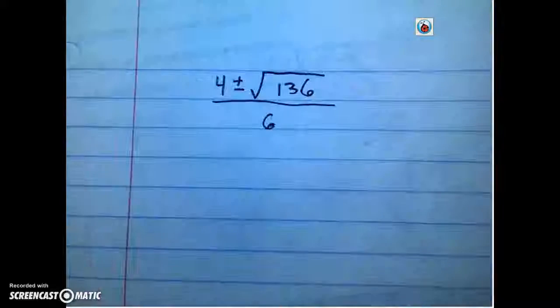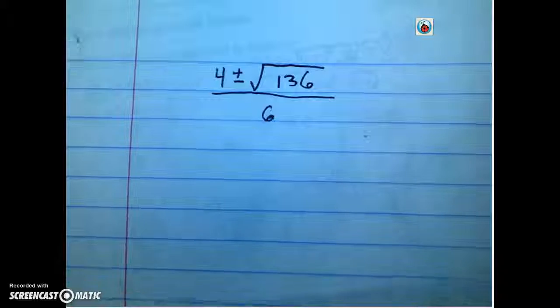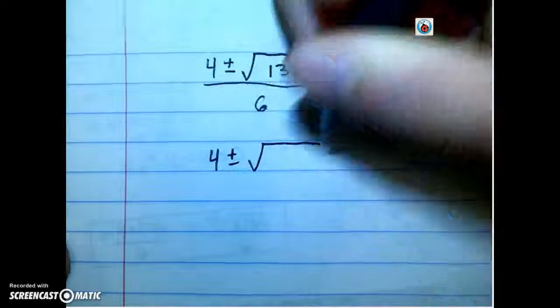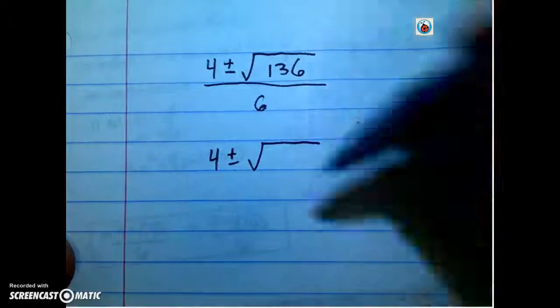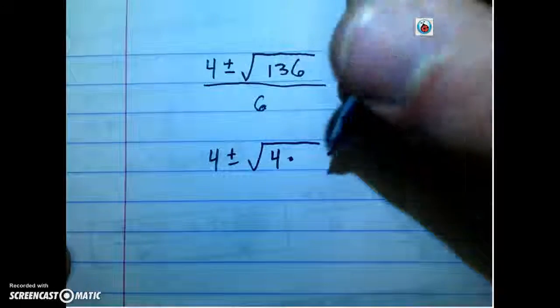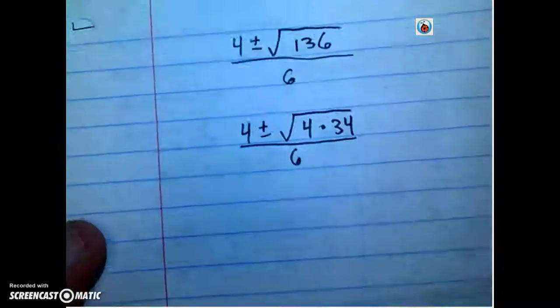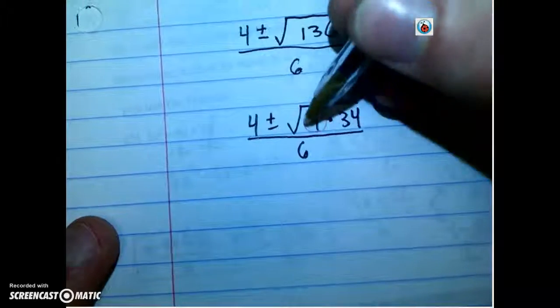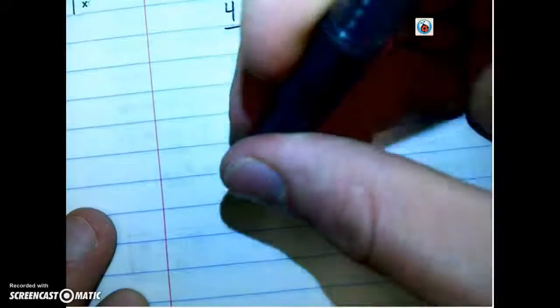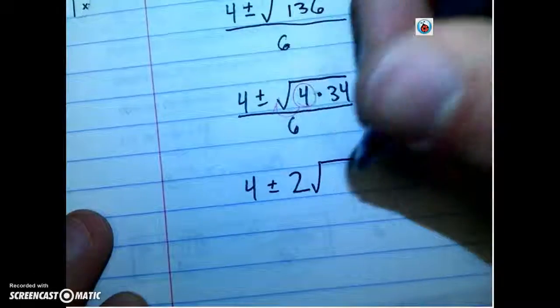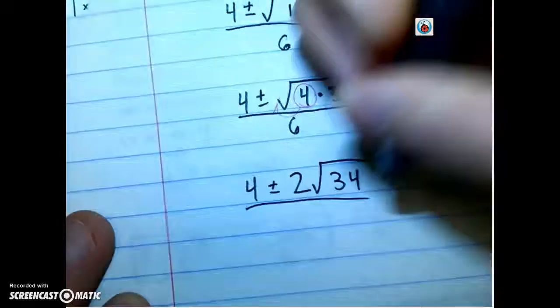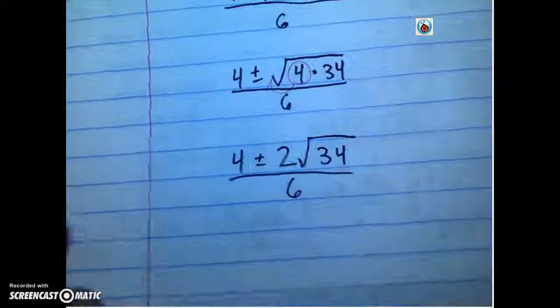All right, so if we take our answer, which is 4 plus or minus the square root of 136, and we simplify our radical, here's what's going to look like. And then now, as I go to simplify this, I'm trying to divide it by perfect squares, or split it up into perfect squares. Then we've got our 6 down low here.